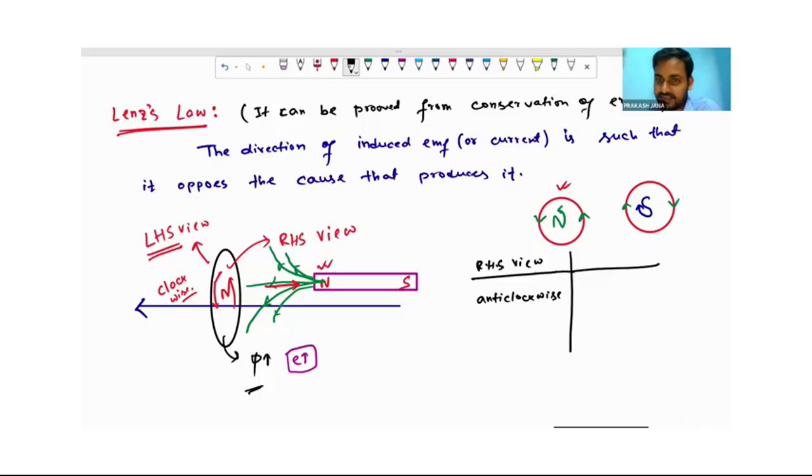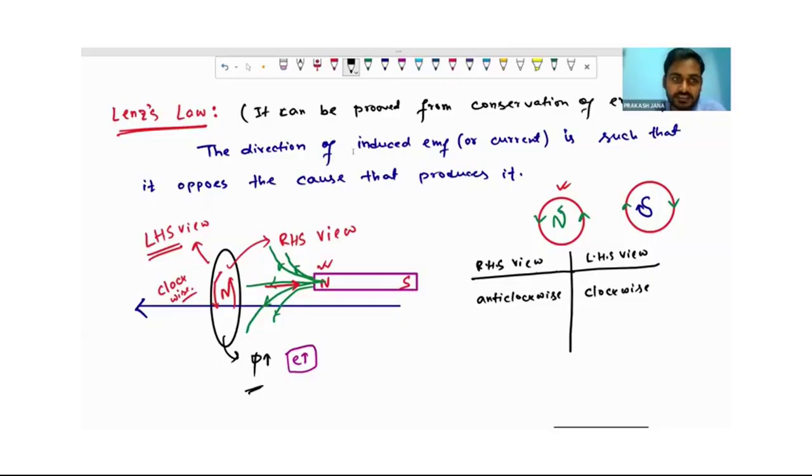And with respect to the left hand side view, the current will flow clockwise. So this is all about Lenz law. The current will flow in such a way that it will oppose the cause that produces it.